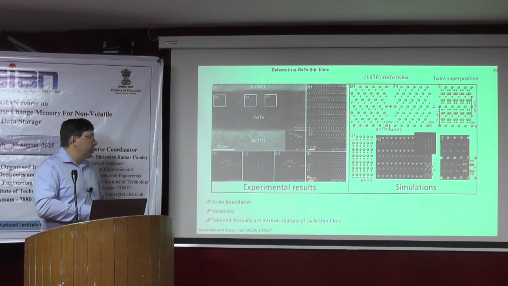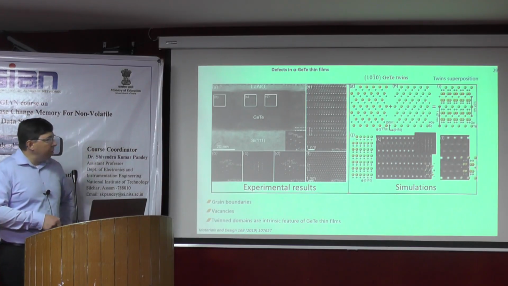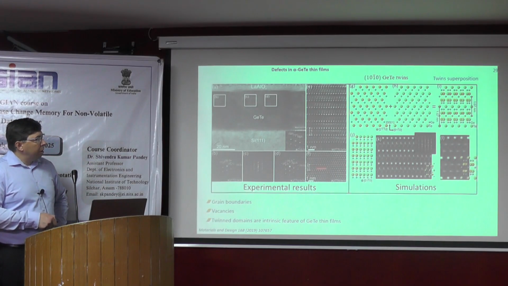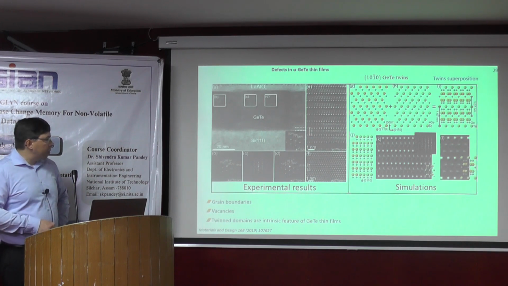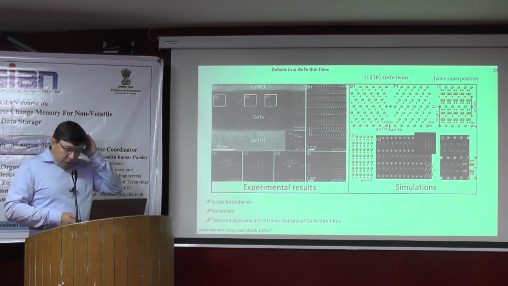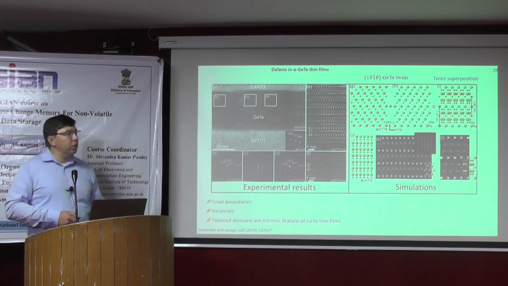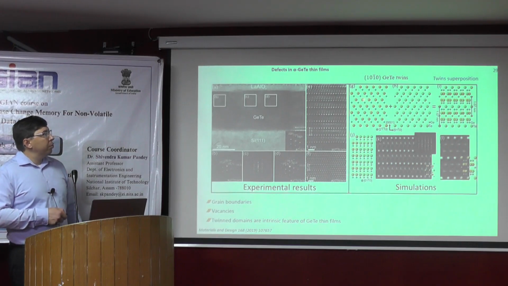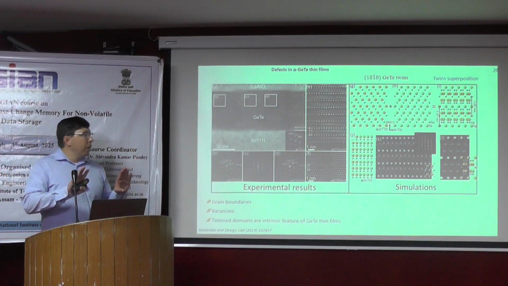Using a Z contrast image we can see better, as it is an incoherent image, and we can see some layering here, with the space between the layers around 1.7 nanometers. So here you could say, oh, I found a new germanium telluride phase, but this is not true, because B and D are two twins.